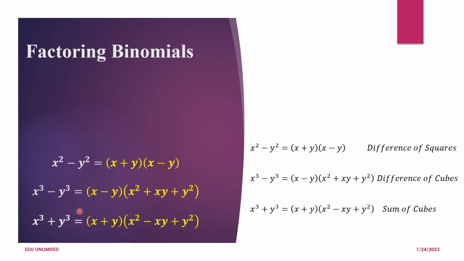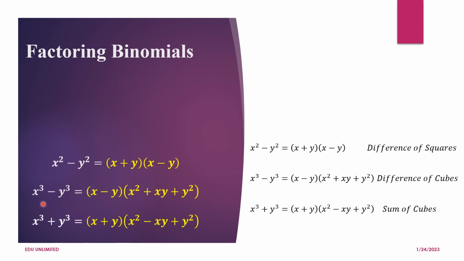And then the third format reads x cubed plus y cubed is equal to open bracket x plus y close bracket, open bracket x squared minus xy plus y squared close bracket. This is the sum of cubes, so that x squared minus y squared is the difference of squares, because x to the second power is squared and y to the second power is squared, so that x to the third power is cube and y to the third power is cube.